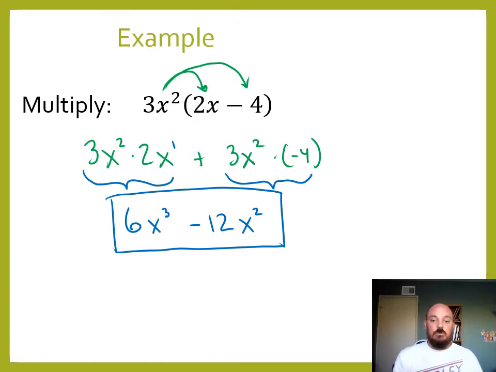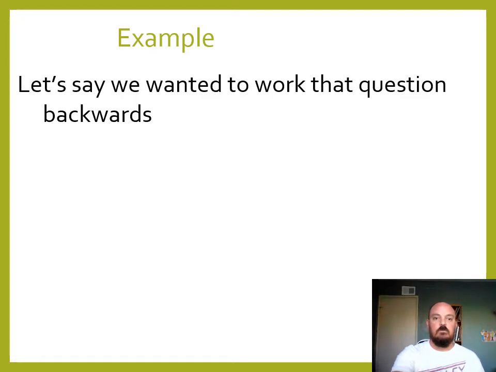Now, the reason I wanted to review that with you guys, when you're factoring out common terms, what you're actually doing is working that question backwards. You're starting with 6x cubed minus 12x squared, and you're ending with 3x squared times parentheses 2x minus 4. So let's talk about how we can do that.